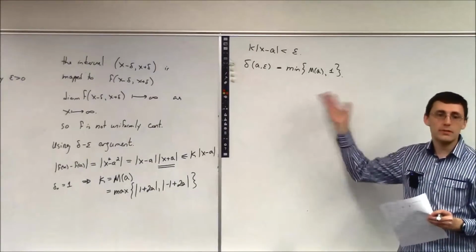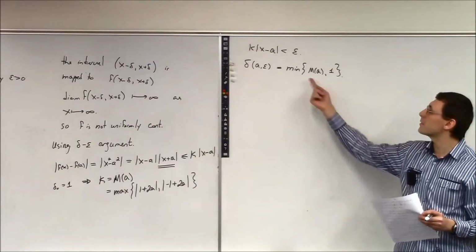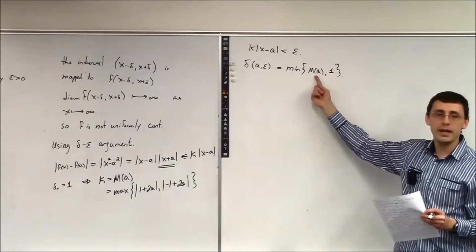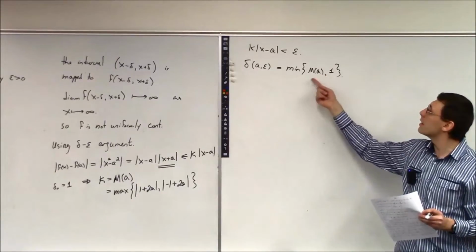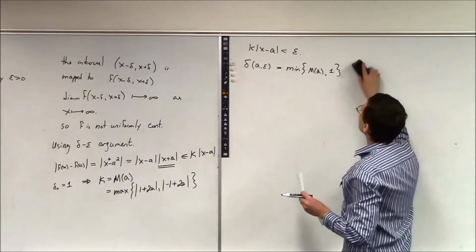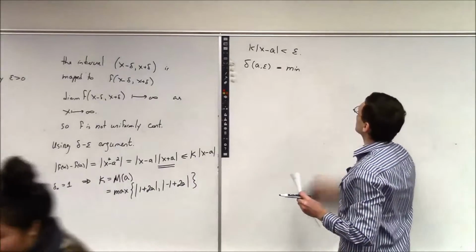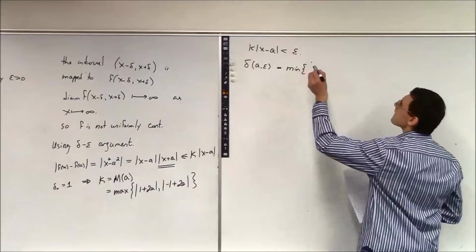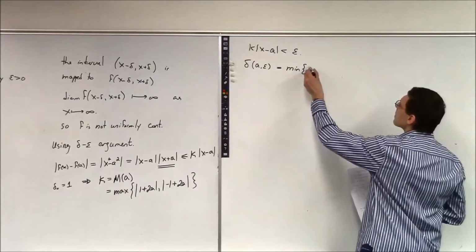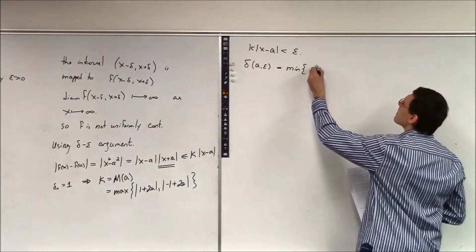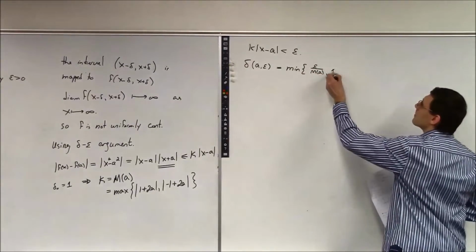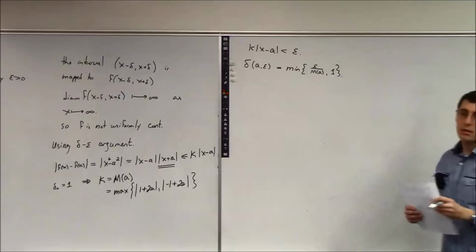This is not a proof that the function is not uniformly continuous, but definitely this delta does not work. You can see this delta depends explicitly on both a and on, sorry, I made a mistake here. So it should be the minimum of epsilon divided by m of a, and 1. Yeah, now it's right.